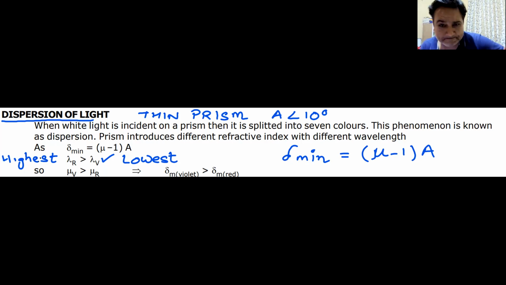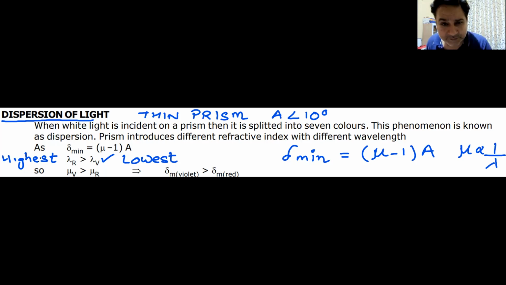We had also seen in some class, and we will see the actual formula, the Cauchy's formula. For any given wavelength, the refractive index is not constant. In fact, if I say it very vaguely, not very exactly, mu is inversely proportional to the wavelength. Did I tell you that? Yes or no?